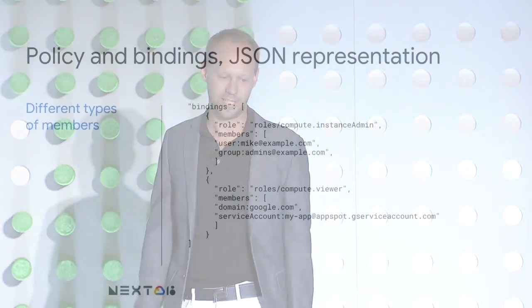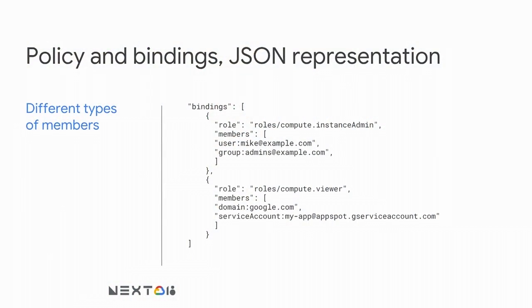So for those of you that like JSON, this is my favorite example. You can actually write this and use command line APIs. In this specific example, we grant the compute instance admin role to two members, a user that is Mike and a group that is the admins.